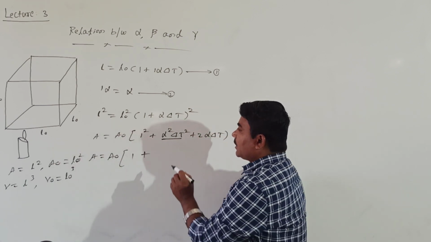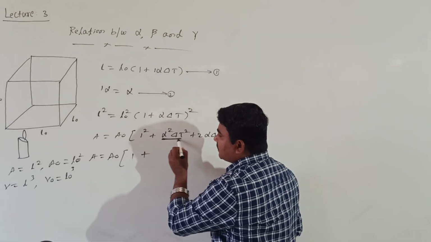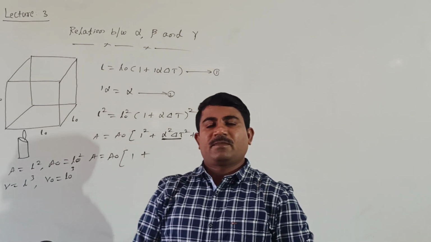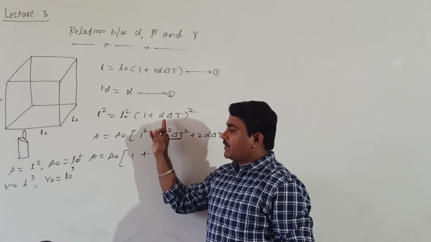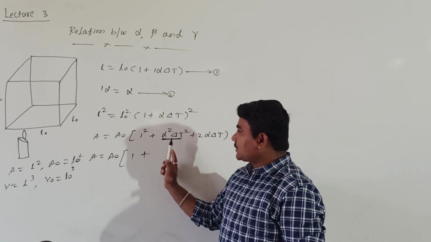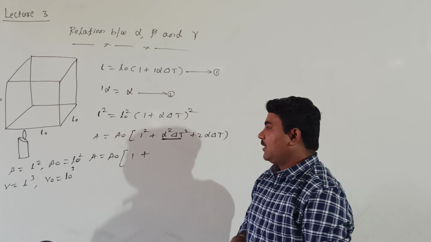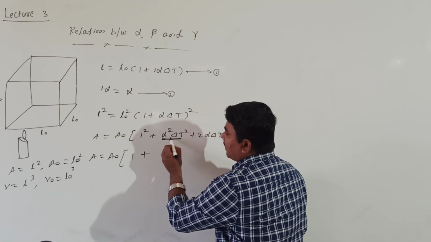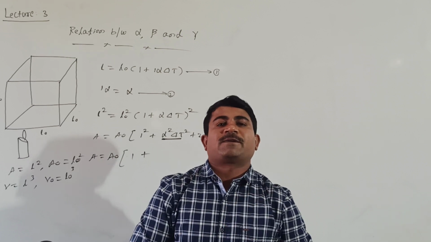That's why the term containing alpha square and delta T square is very small. Alpha is in the range of 10 raised to minus 6 per degree Celsius, and its square is 10 raised to minus 12 per degree Celsius. That's why this term alpha square delta T square is neglected because it is very small.